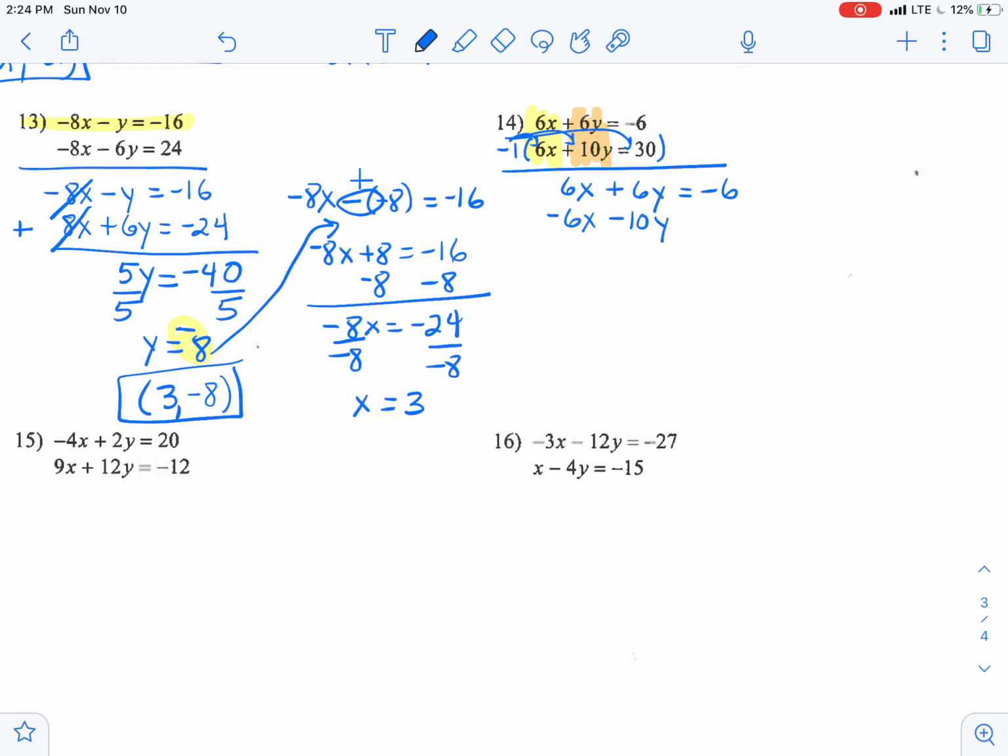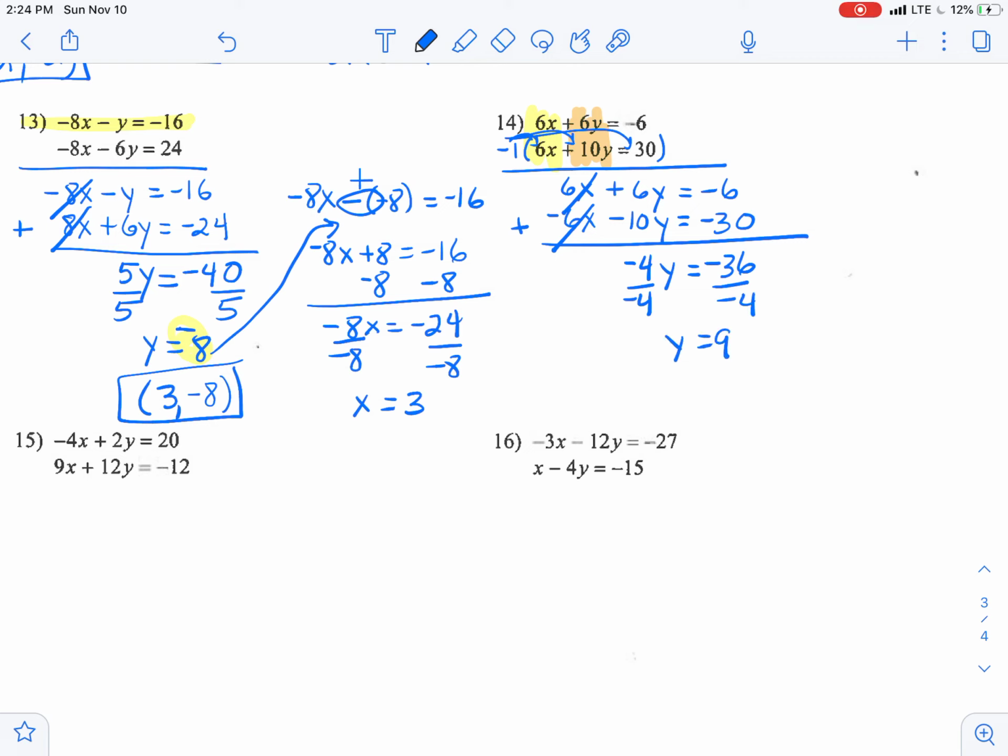And a -1 times 30 would be a -30. And now when I add, these two will eliminate. 6 minus 10 would be a -4. And -6 and -30 would be a -36. So I'm going to go ahead and divide.